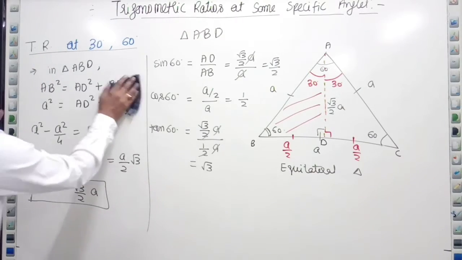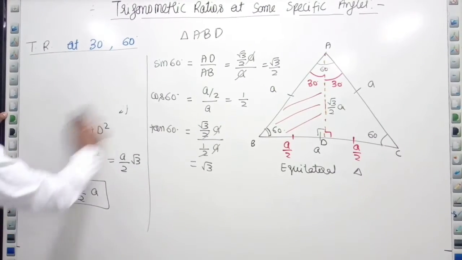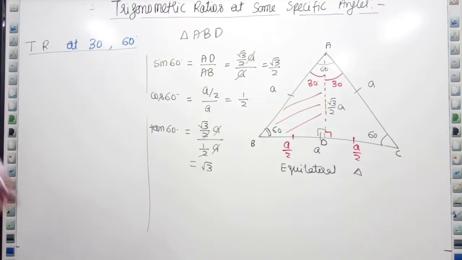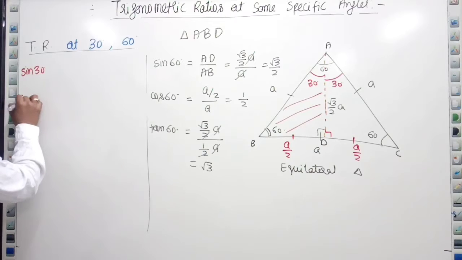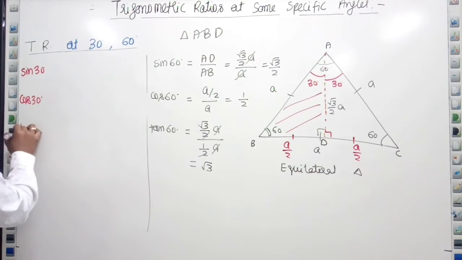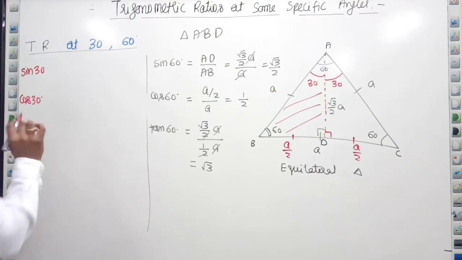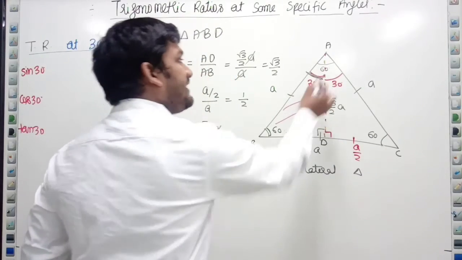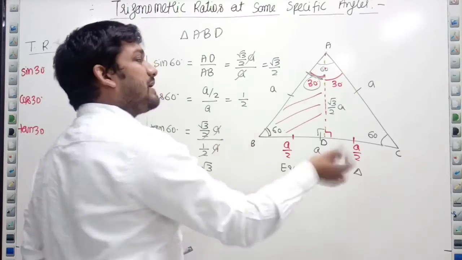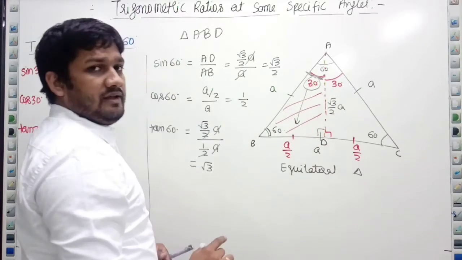Similarly, we can also find for 30 degree. In the same triangle, if I write sin 30, cos 30, tan 30. When I am talking about angle 30 degree, this is 30. If I take this as the angle, then the perpendicular will be opposite to the angle.